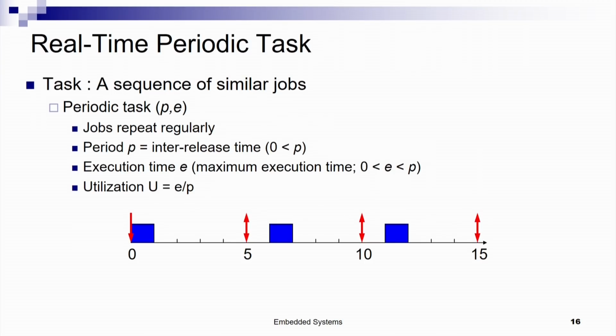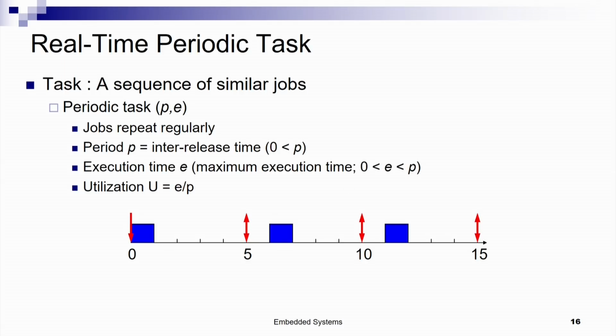Now, we come to the definition of a real time periodic task. These repetitive tasks where the jobs come again and again could be of different types. They could be periodic, aperiodic, sporadic. We will look at them, but currently we take a look at periodic tasks, which we saw just now, where the inter-arrival time of the jobs is fixed and constant.